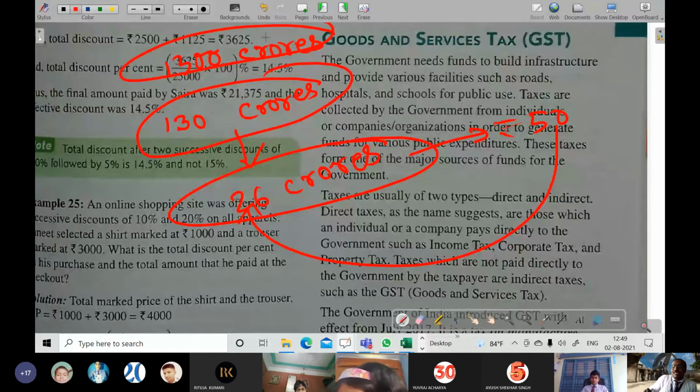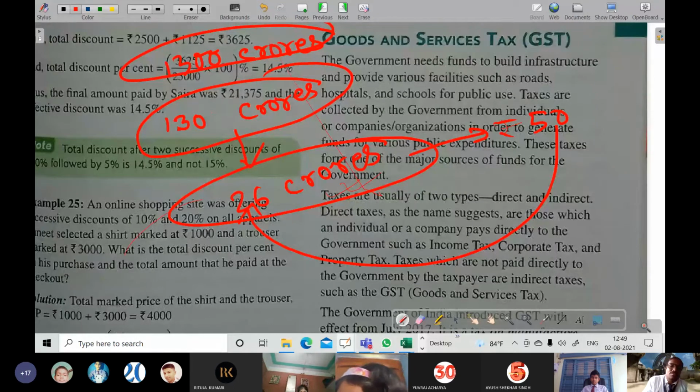You can ask your parents also whether land tax is being collected, and they will say yes, we have to pay land tax. So in this way 1300 crores of money goes from land only. In the same way, these 26 crore families buy several things.